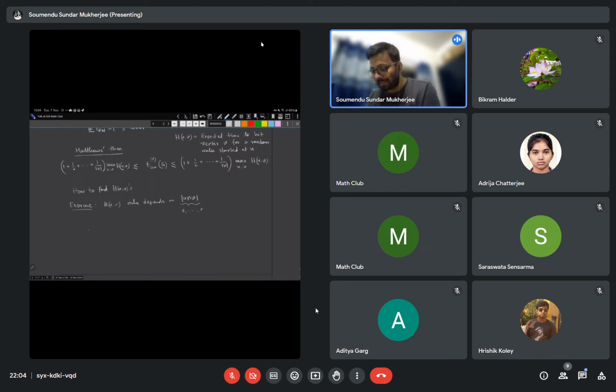Now, I think you have seen this when you dealt with random walks. This is like a hitting time: started at U, the random walk wants to visit V for the first time. A typical way of analyzing random walks is to see what happens at the first step.